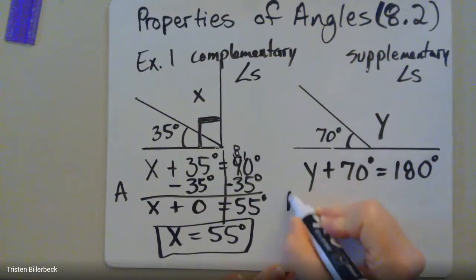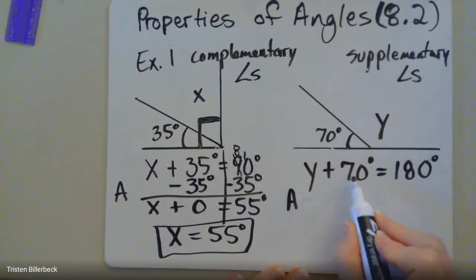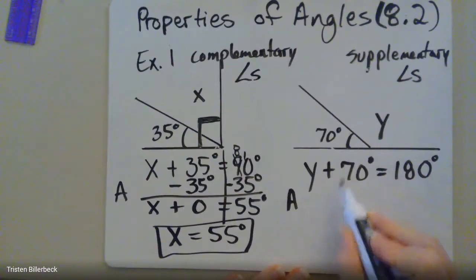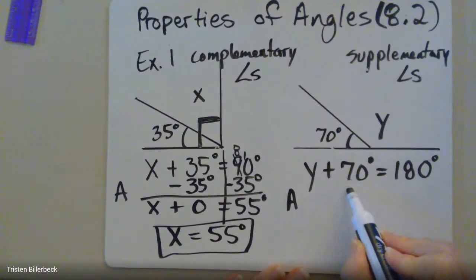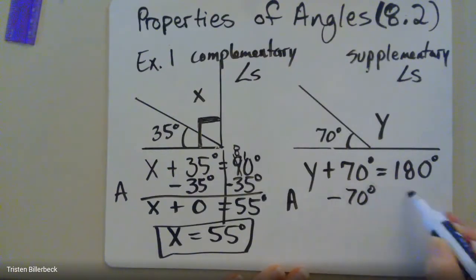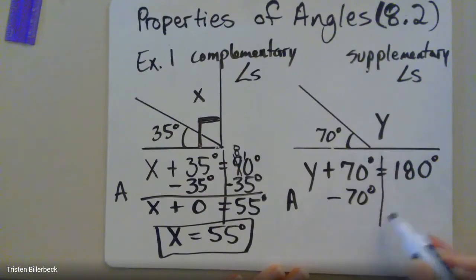We're going to use an additive inverse again because we need to move this 70 degrees, which is a like term, to the other side. So it's a plus 70, so the opposite of a plus 70 is a minus 70 degrees. We do it to one side, we do it to the other side.